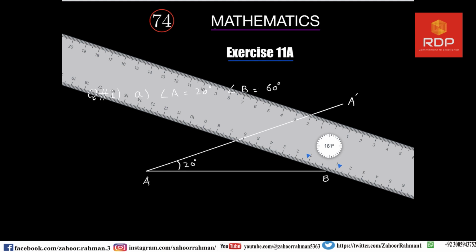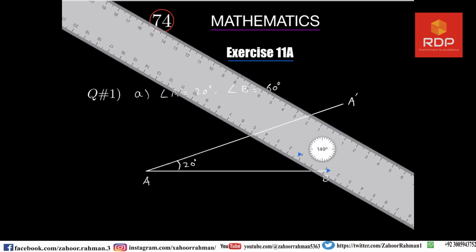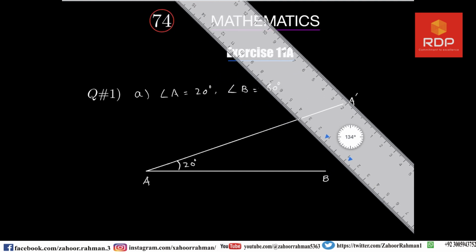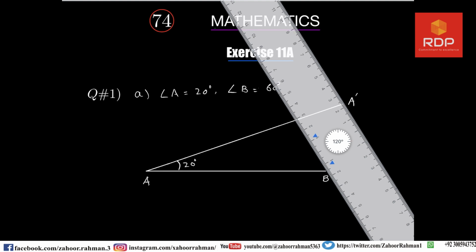So I have to draw an angle of 120 degrees, and that will be equal to 60, because if we subtract 60 from 180, it will remain as 60 degrees.